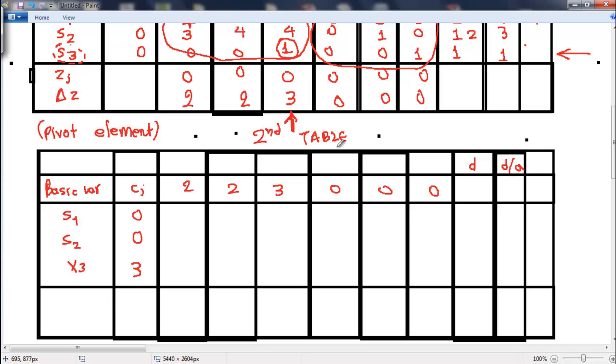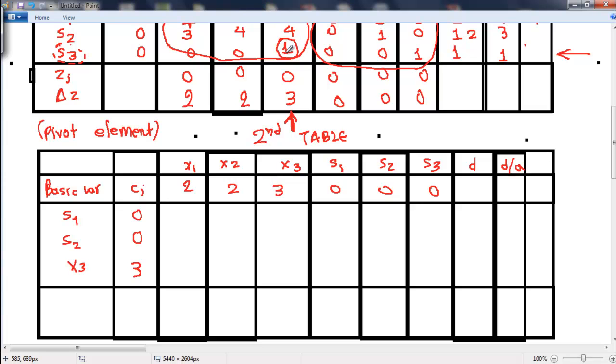Now again we have x1, x2, x3, s1, s2 and s3. But now we have to be really careful, because here I have 1.